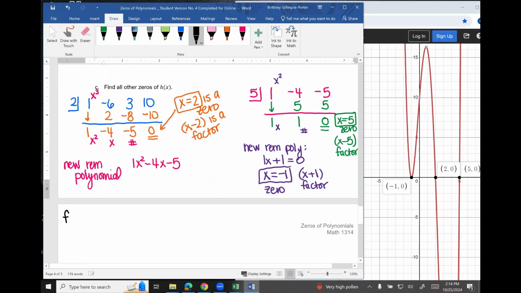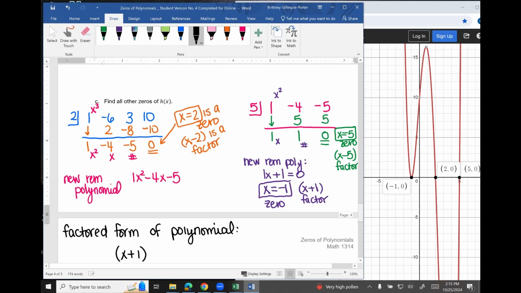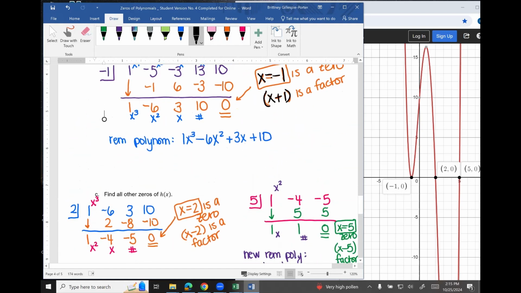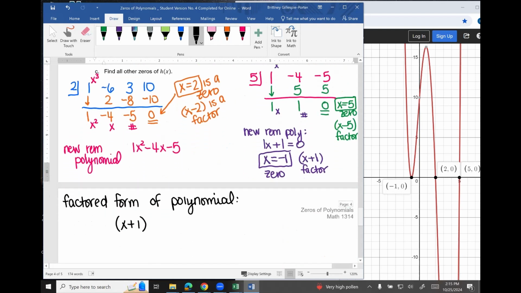So in the next step, when we're asked to find the factored form of the polynomial, you should not be trying to reinvent the wheel. You already found all the factors. The very, very first one that we found was x plus 1. This is why I color coded, went back and changed it. Because we had x equal -1 as a 0, x plus 1 is a factor.